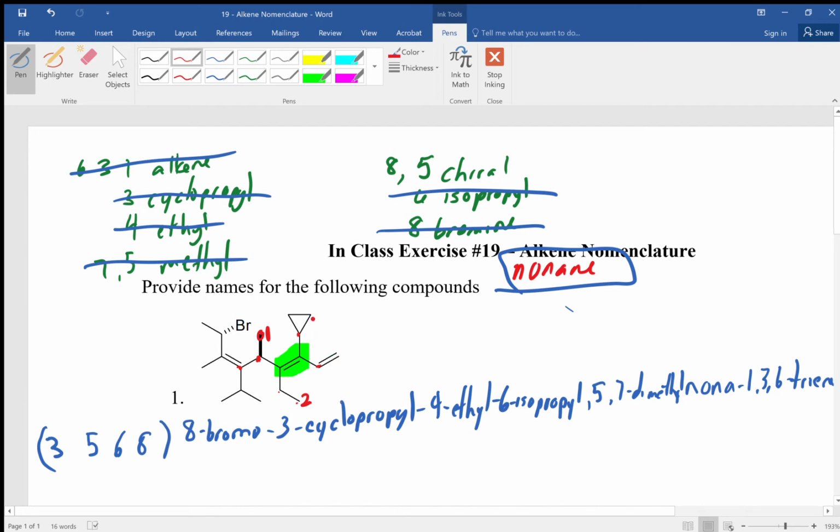But the difference is, because we can keep going around the ring, we get to a 3rd carbon here. And with the alkene, we've only got 2. So that means the cyclopropane ring is higher priority than the alkene. Our higher priority groups are on the same side, so this is 3Z.